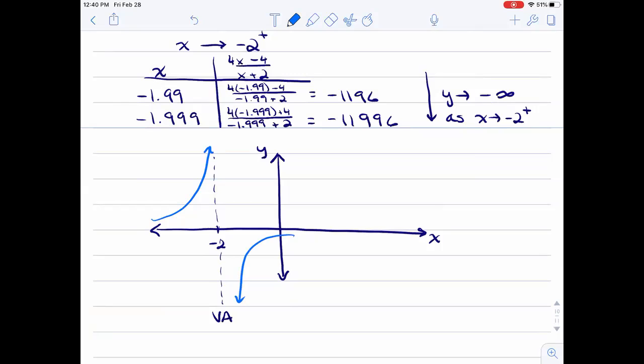Right? But at the vertical asymptote, because we're going to potentially have horizontal asymptotes as well, this kind of behavior is what we're expecting to see, right? Kind of going up, going down, and they're splitting. Nice.